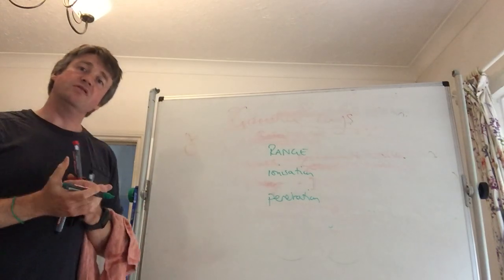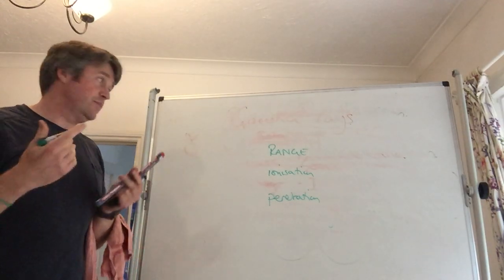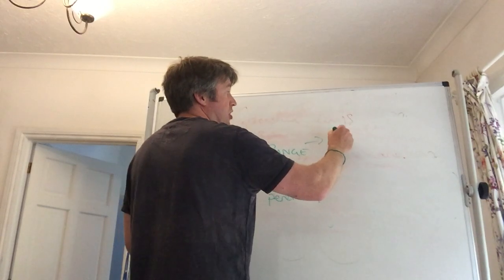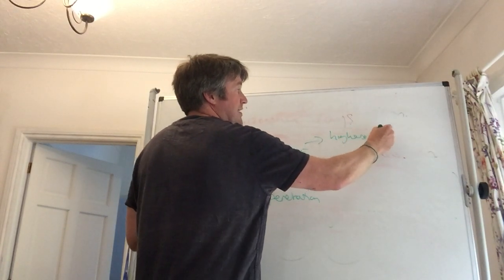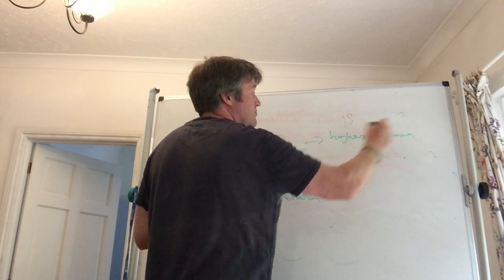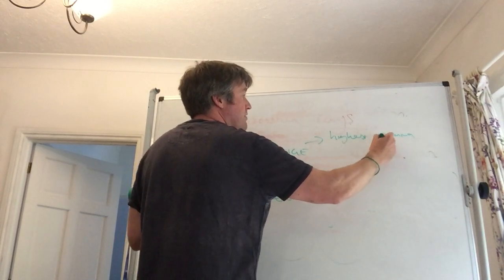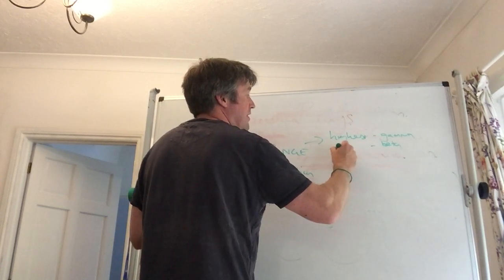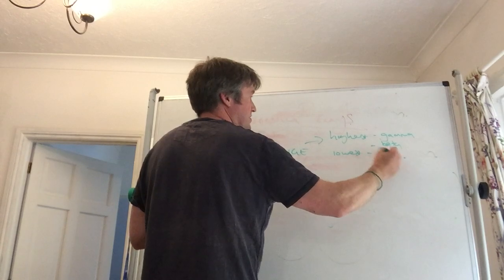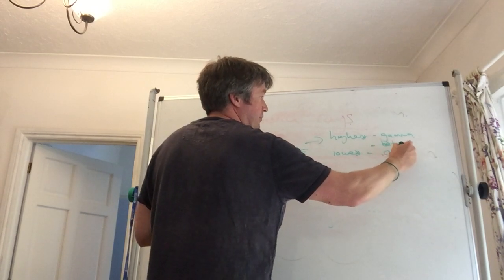So you've got to know about that. The range, highest is gamma in terms of range, then you've got beta, and the lowest is alpha.